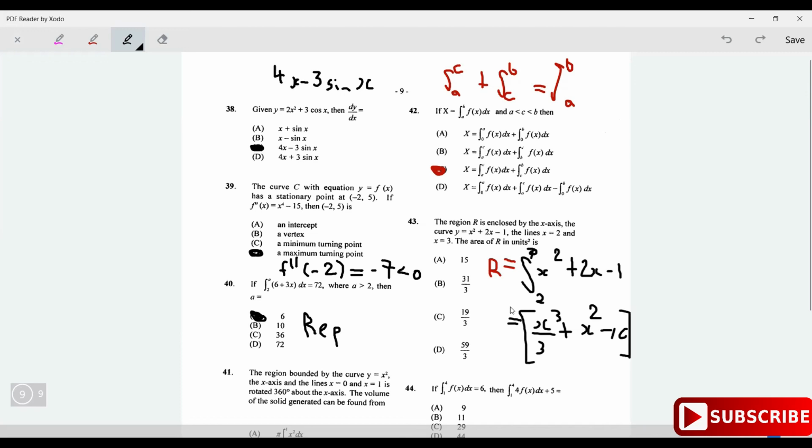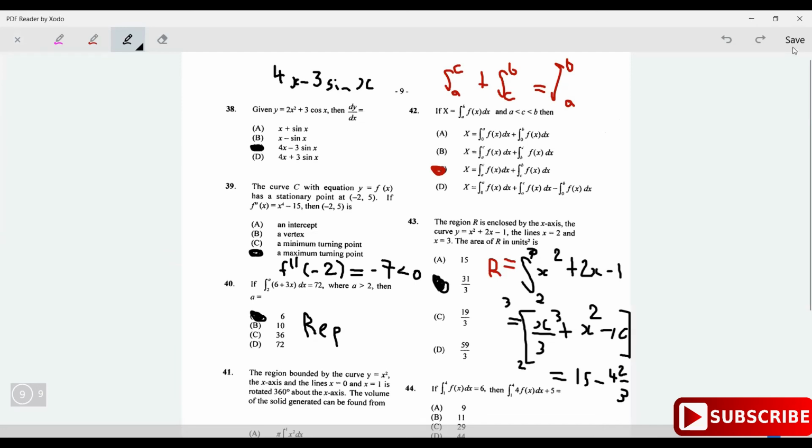When you plug in the 3 first, you get 3 cubed over 3 plus 3 squared minus 3, so I get 15 first. Minus, when I plug in the 2, I get 2 cubed over 3 plus 2 squared minus 2, which is 4 and 2 over 3. So it's 15 minus 4 and 2 over 3, which is definitely 31 over 3.